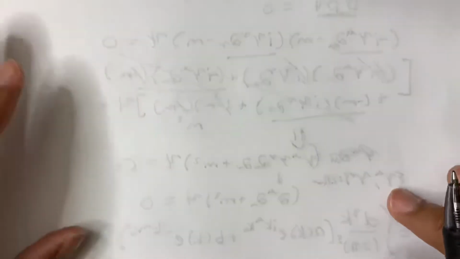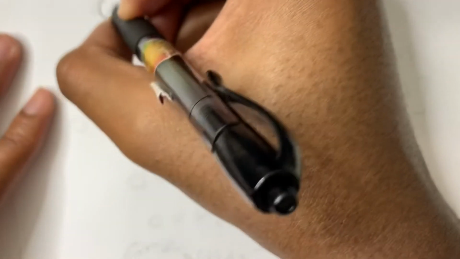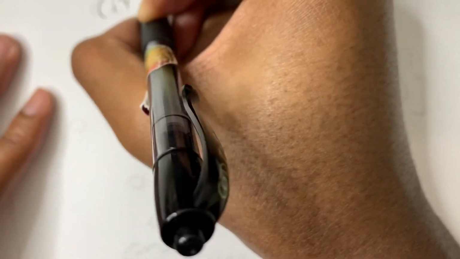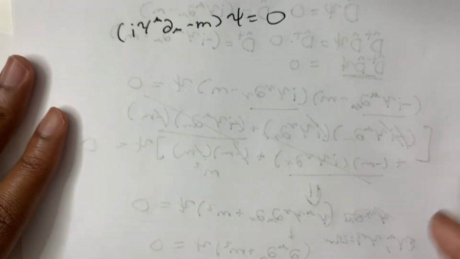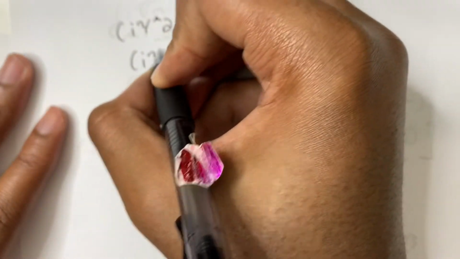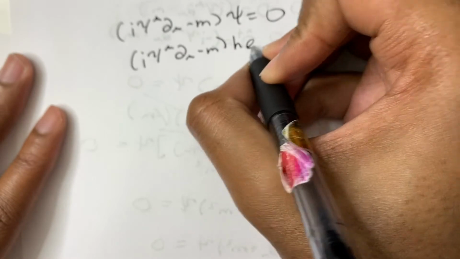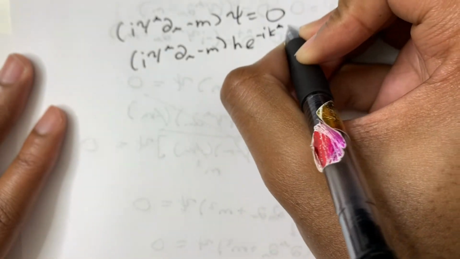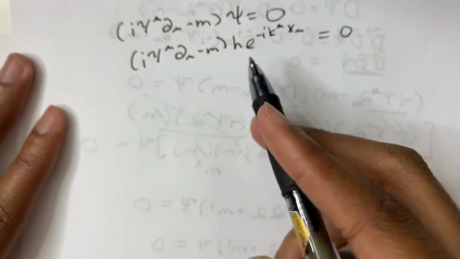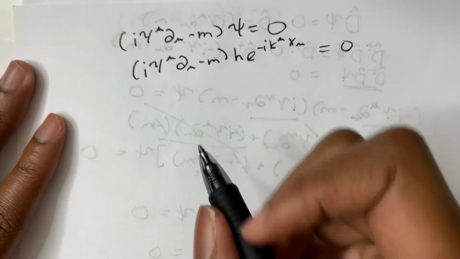So let's just write down the Dirac equation once more. Okay. So what we do now is let's plug in one of our ansatz in this equation. What we do now is we just distribute this term in.